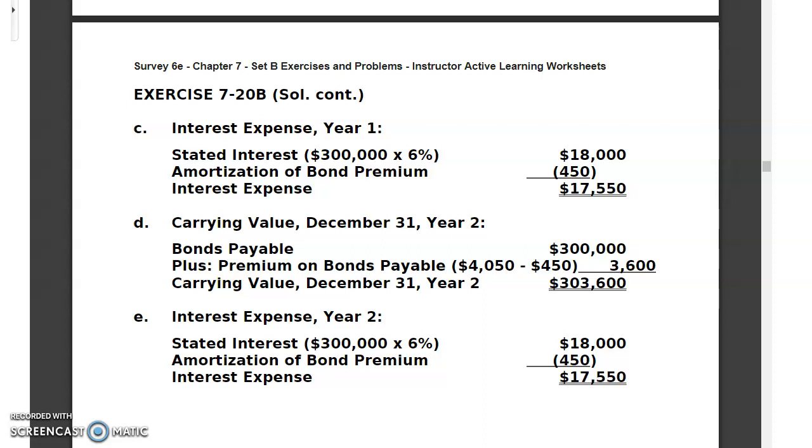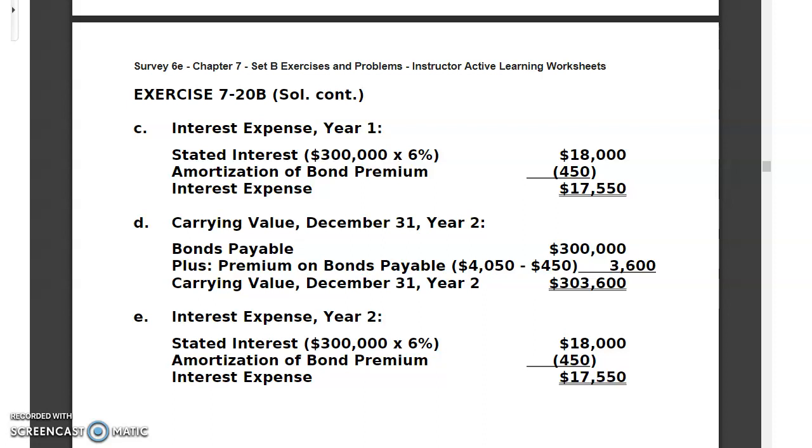Now, the amount of interest expense that the company is going to show is going to be less than that because of the amortization of the premium. The company got more than face value for the bonds when they were sold. When we amortize that, that reduces the amount of interest expense.